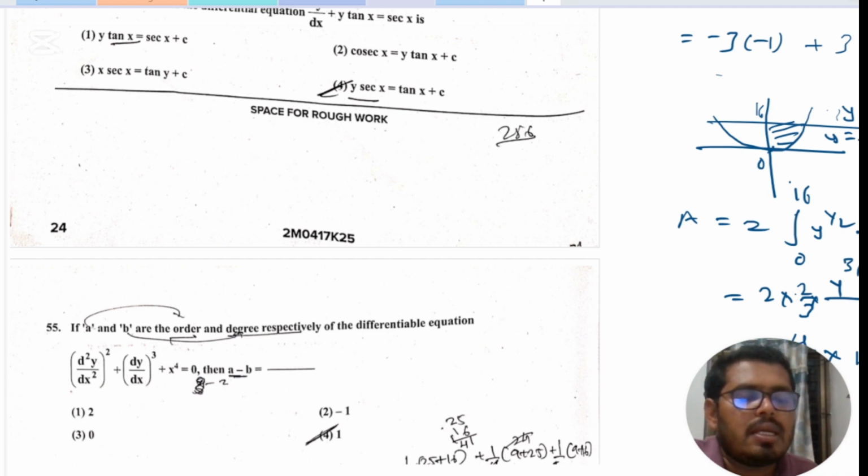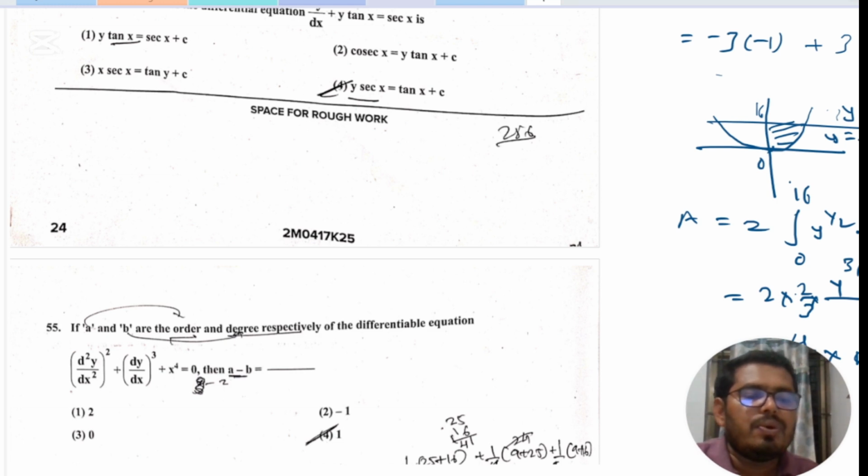Then 16 can be written as 4 square. The 4 square is 2 and 3 by 2 get cancelled. 4 is to the cube. 4 cubed is 4 into 4, 16, 16 into 4 is 64.